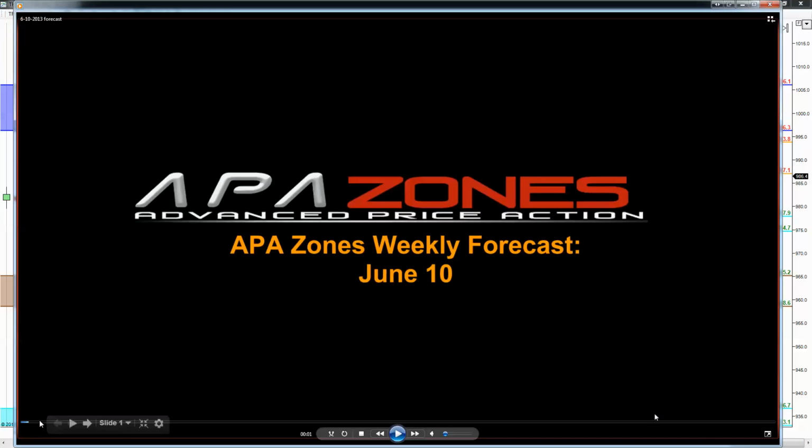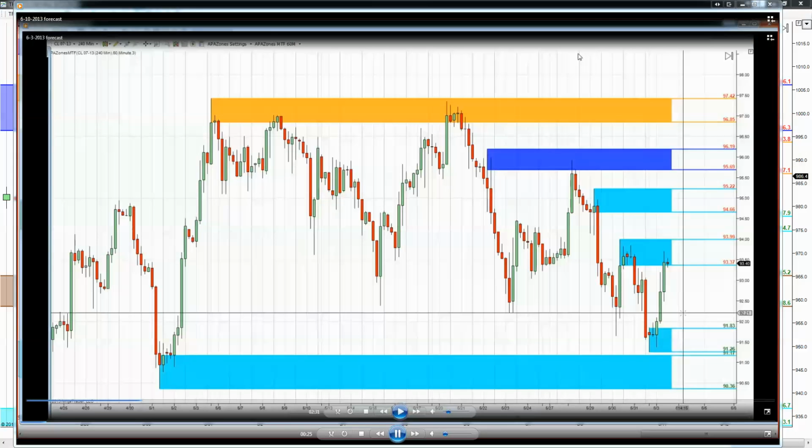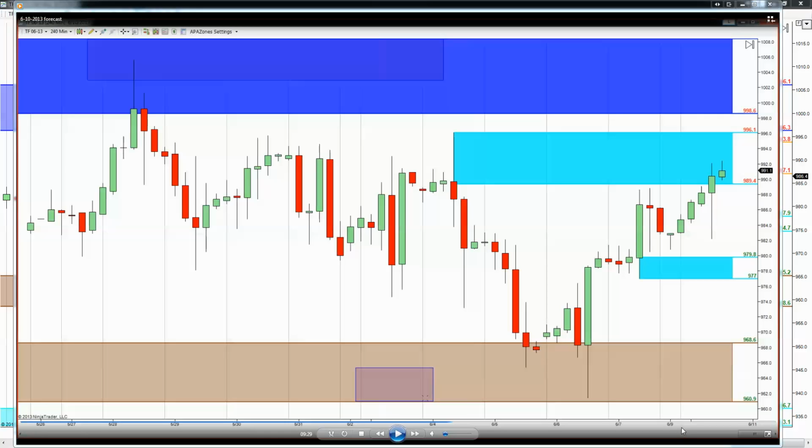The first thing here, let's look at the TF. Alright, so this is what we were looking at last week, and again, it was looking very, very range bound. We had seen some different bounces here, but let's see what has happened since then.